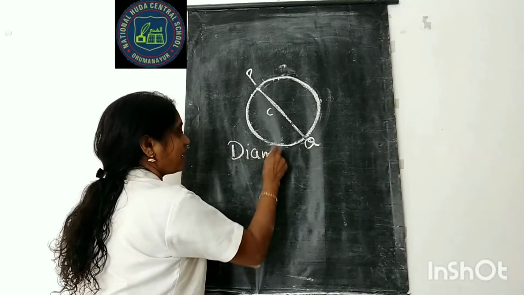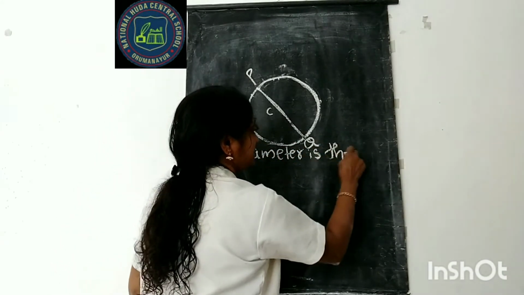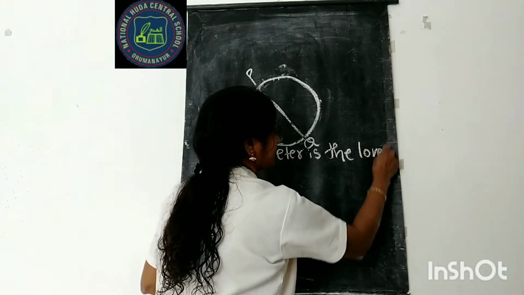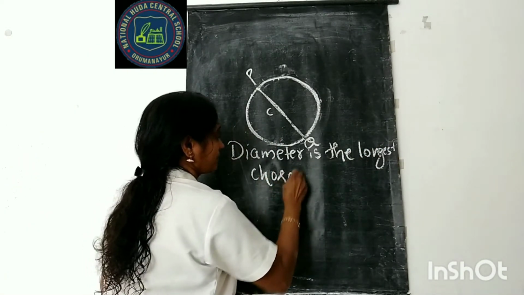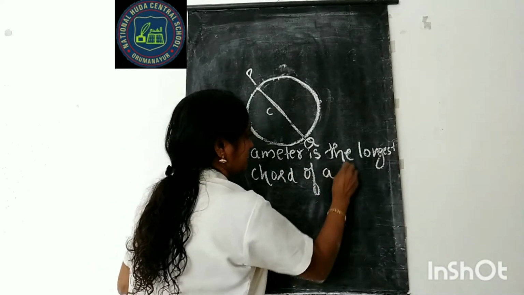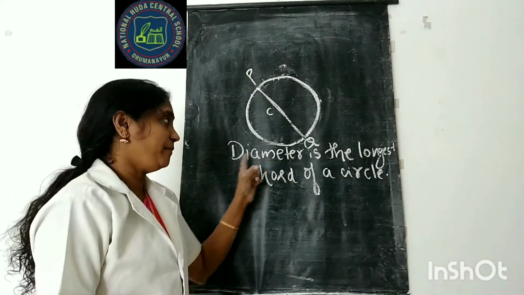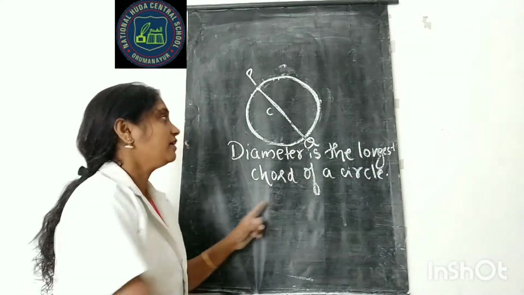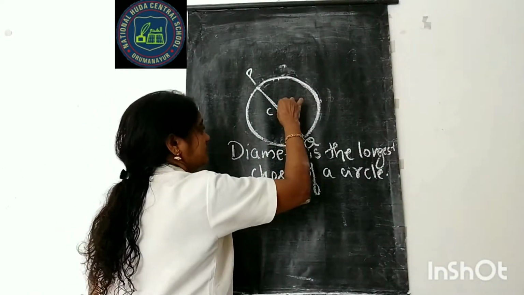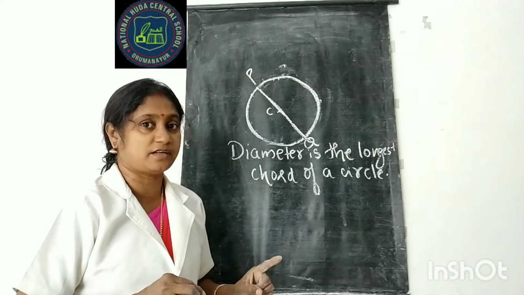Diameter is the longest chord of a circle. This is very important. And one more thing. Here CQ and CP are the radii of the circle.